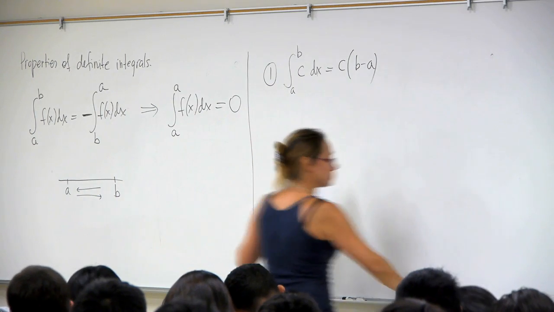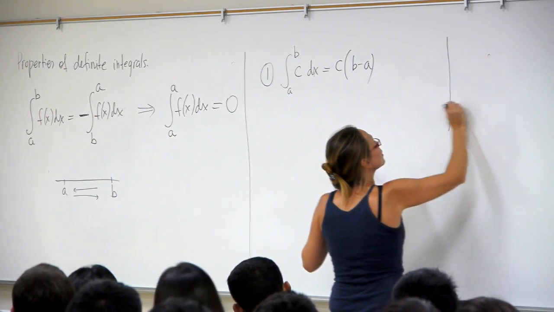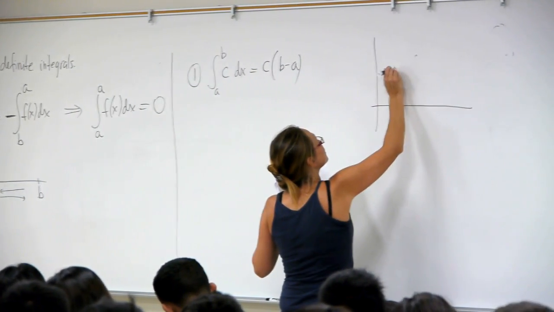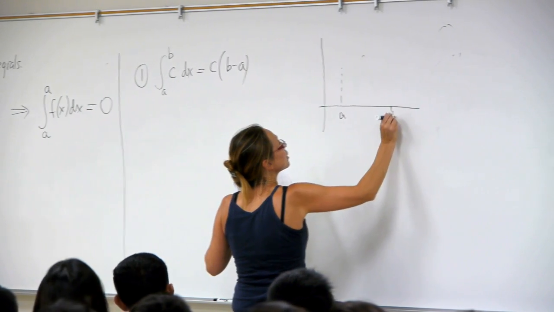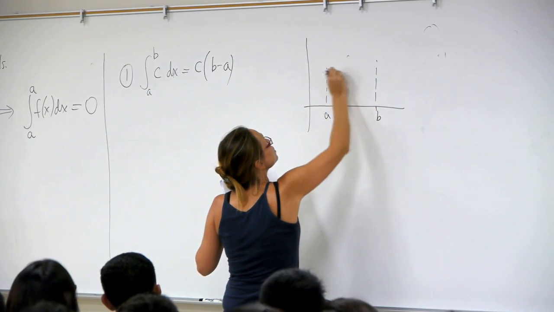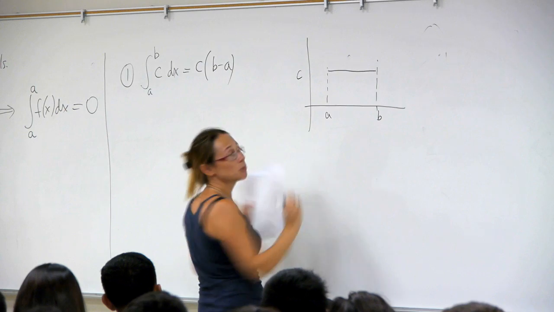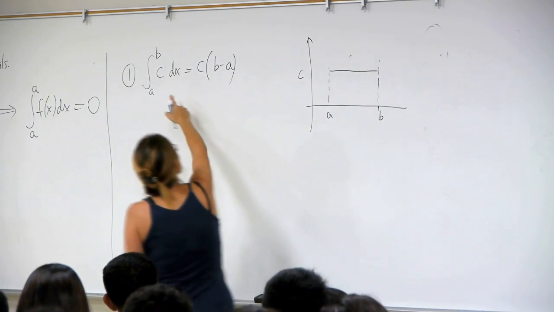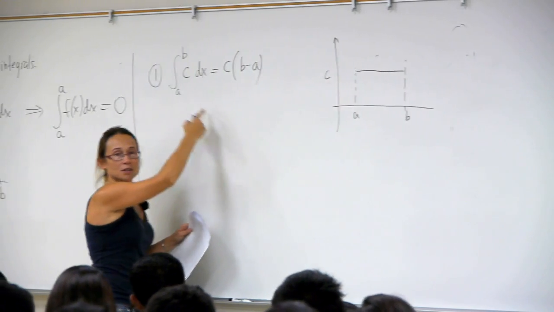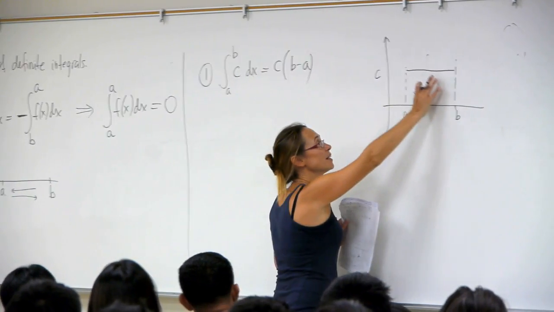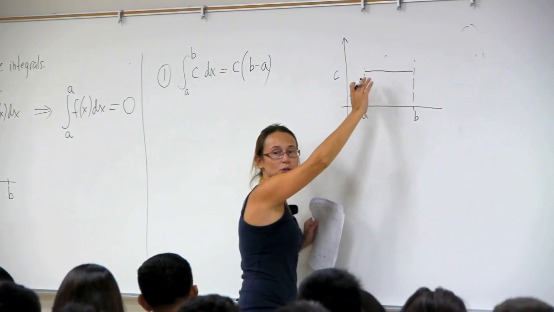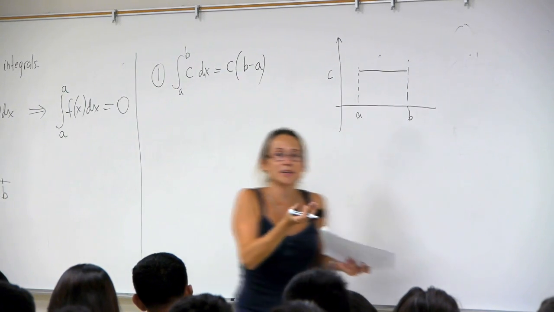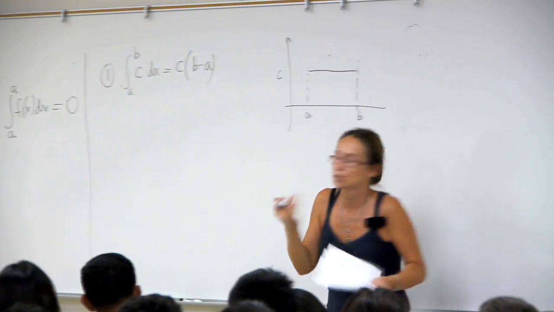Let's suppose that my function is a constant c, which can be negative or positive. Then this object on the left is either the area under this curve, if this is a positive constant, or it's the area above that curve with a minus sign.